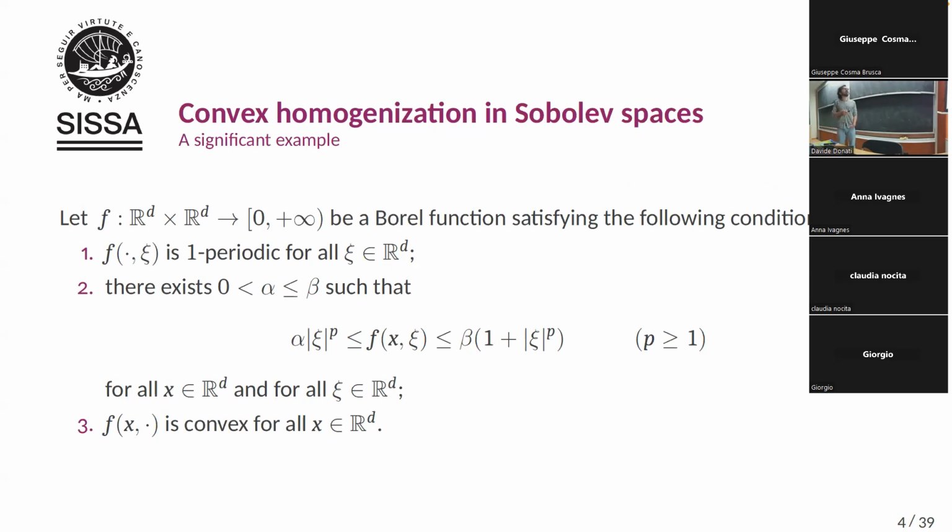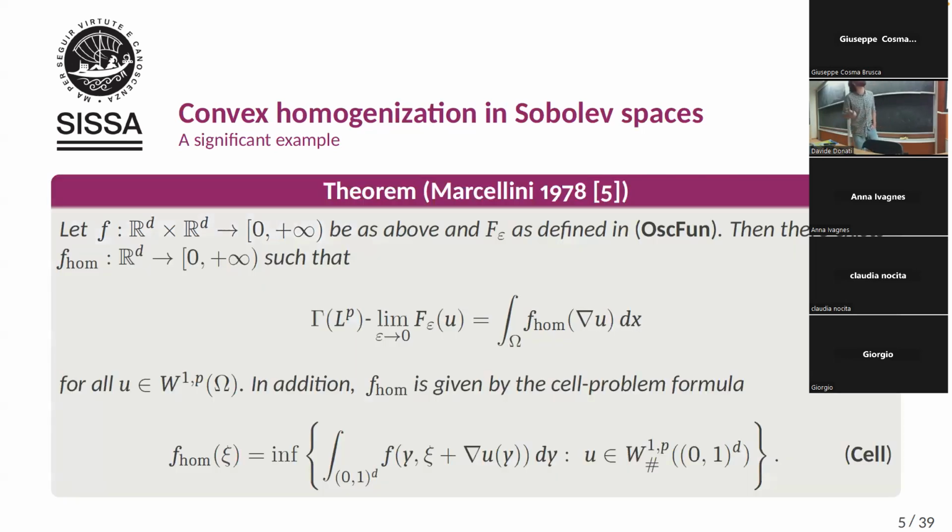In the case where f is a function depending on one spatial variable in R^d and one gradient variable also in R^d, and f is a positive valued Borel function, then if f is 1-periodic in the first variable, by which we mean periodic on the unit cube, it satisfies p-growth conditions from above and from below, and furthermore we require that in the gradient variable it is convex for any fixed x, then there is this well-known result, which was proved first by Marcellini in 1978.